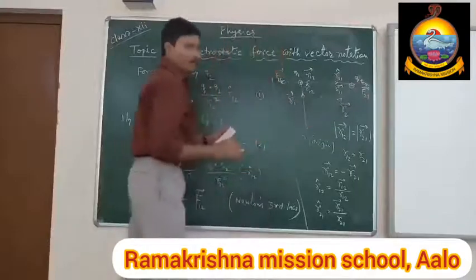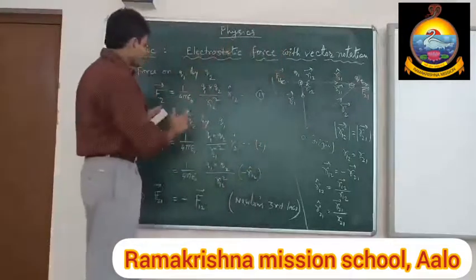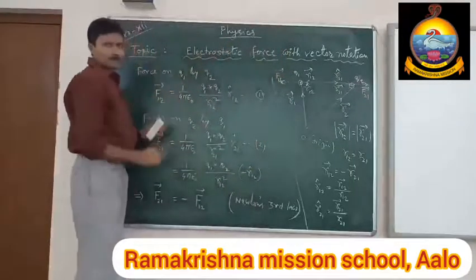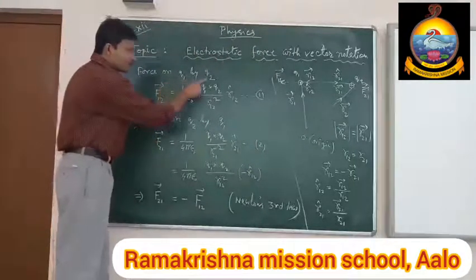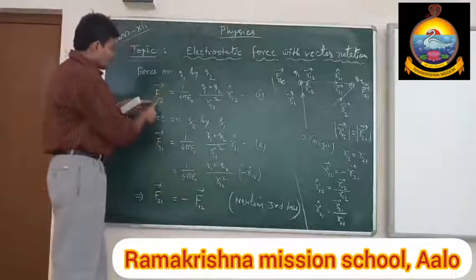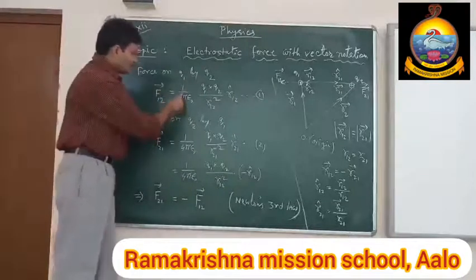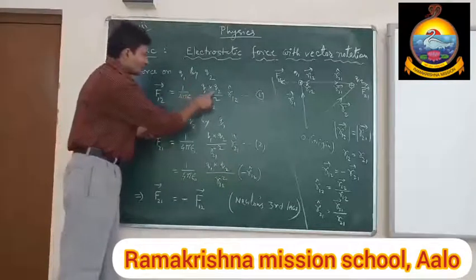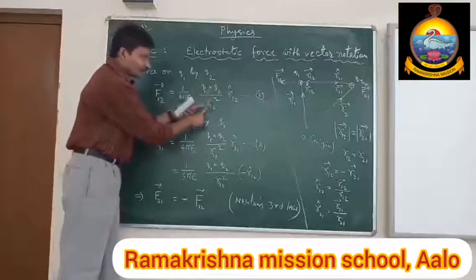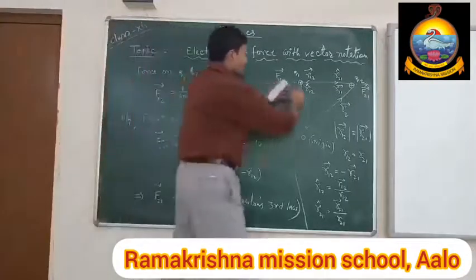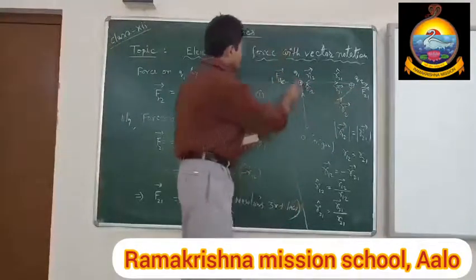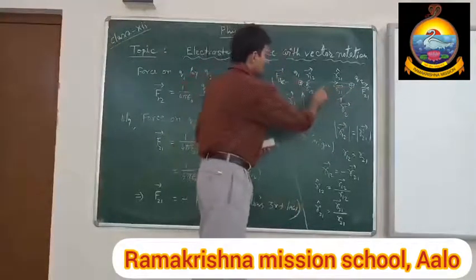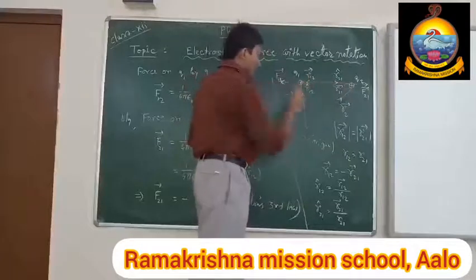Then how can we write the expression for this force with vector notation? See here, force on q1 by q2 can be written as F12 equals 1 by 4 pi epsilon naught, q1 into q2 by distance square. In this case, we have considered the distance r12. From this point the distance is r21.